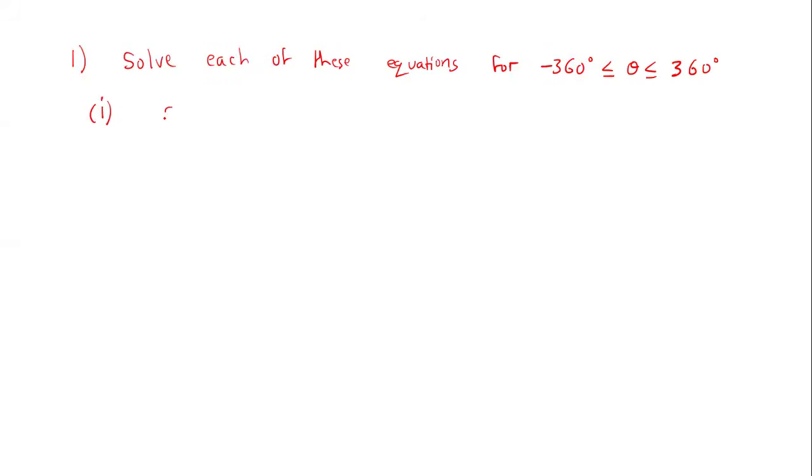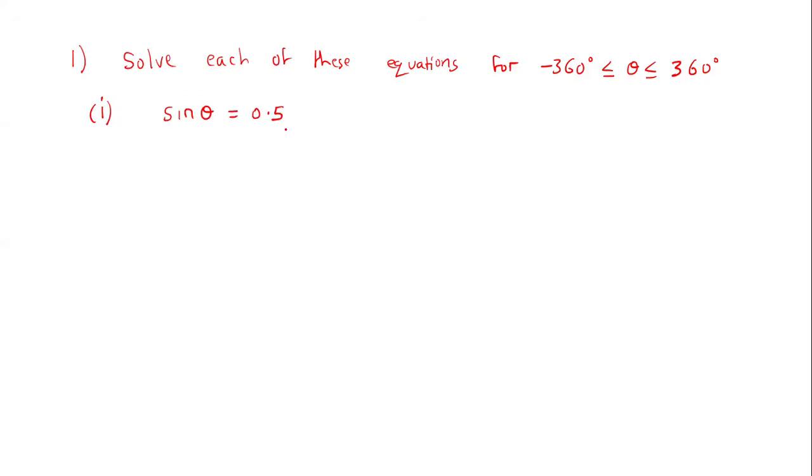We are going to write, and we are going to say: solve each of these equations for negative 360 degrees less than or equal to theta less than or equal to 360 degrees. Allow me to start with the first one that we have just done, which is sine theta is equal to 0.5.